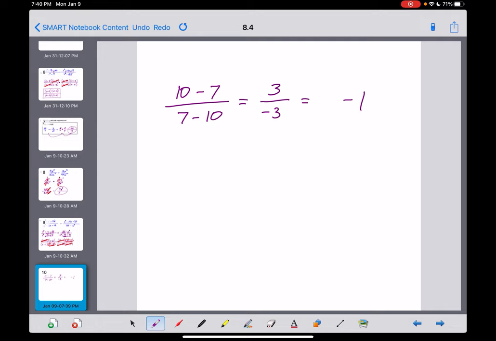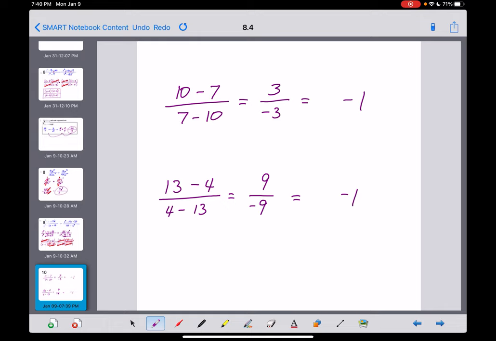Let's try that experiment with something different. What if I gave you 13 minus 4 on the top and then 4 minus 13 on the bottom? Well, 13 minus 4 is 9, but on the bottom, 4 minus 13 is negative 9, and 9 divided by negative 9 is negative 1.